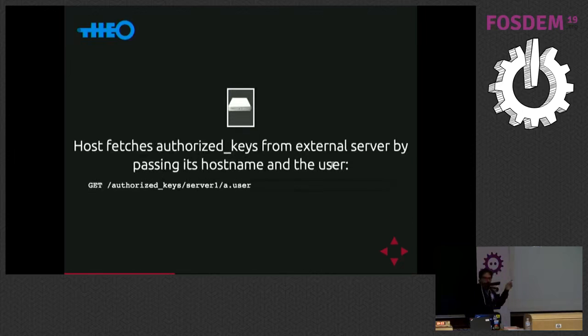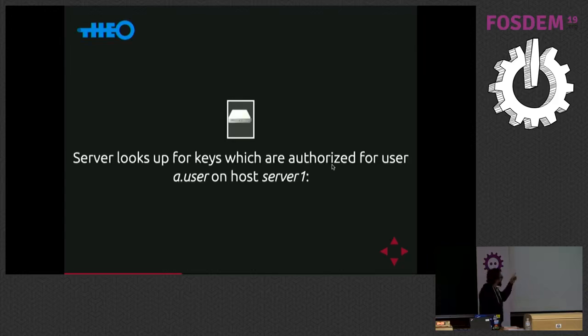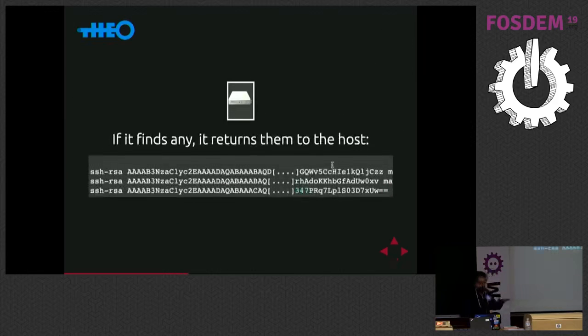The host fetches authorized keys from an external server, and it passes host name and user, like this: get authorized key, host name, and user. The server, Theo in this case, looks up the keys which are authorized for a.user on host server1. If it finds any, it returns them to the host, like a normal authorized keys file.